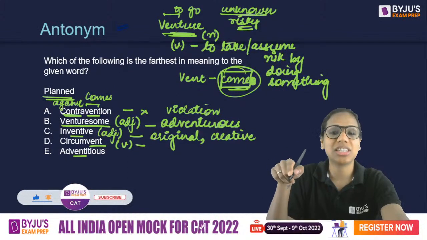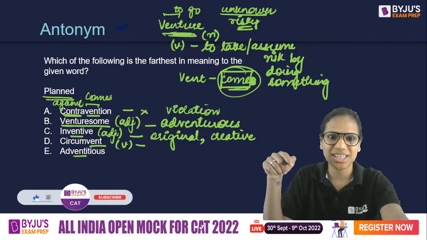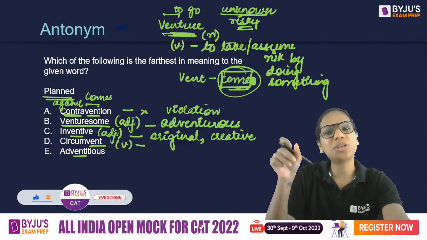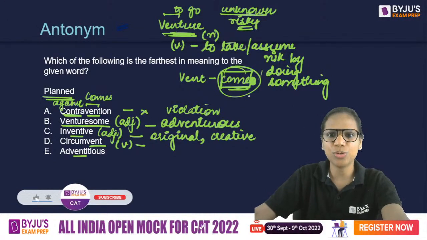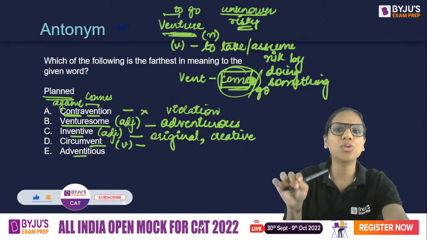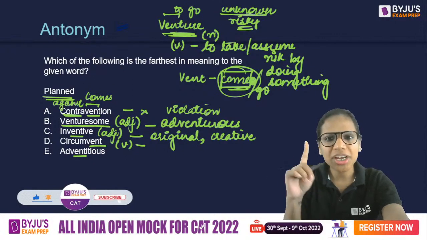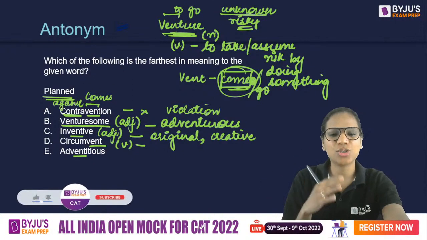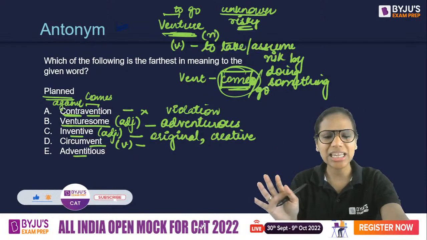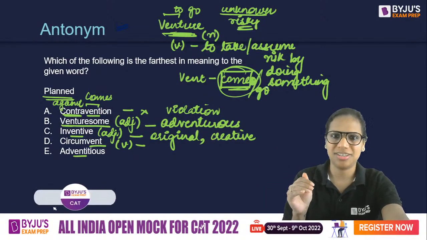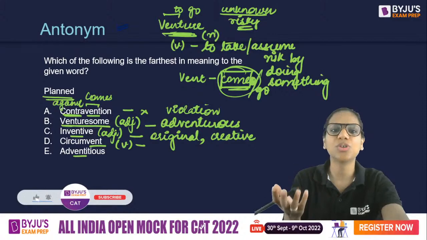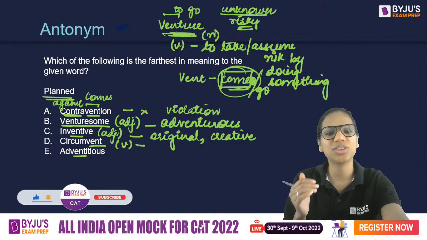You've been dishonest in a way in not following those rules. So circum is around, vent means to come or go, as I told you. So you've gone around those rules, right? To avoid following those rules. That is to circumvent the rules, right? And it's a negative word if you circumvent something. Yes, in a way you've cheated. Correct. You've broken the rules.